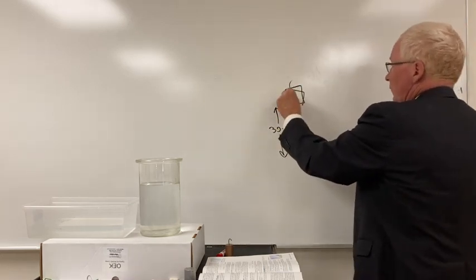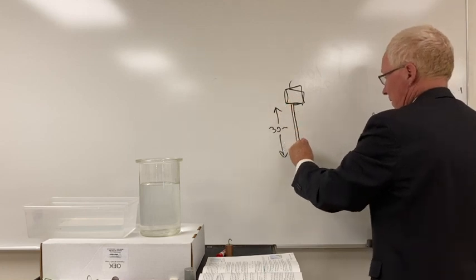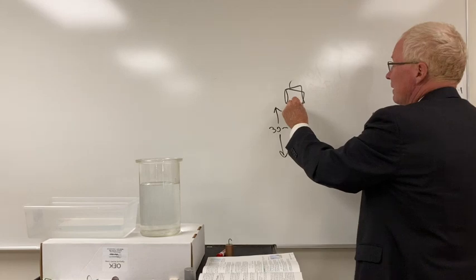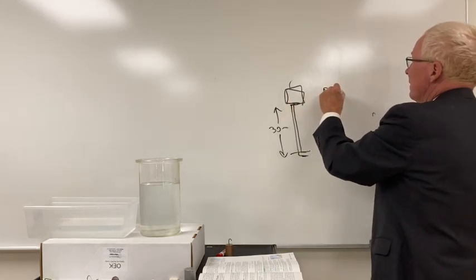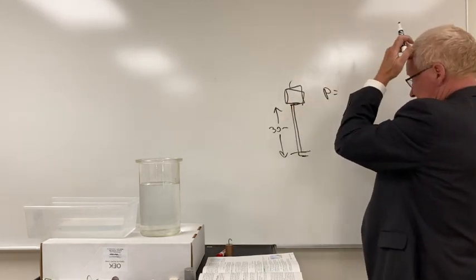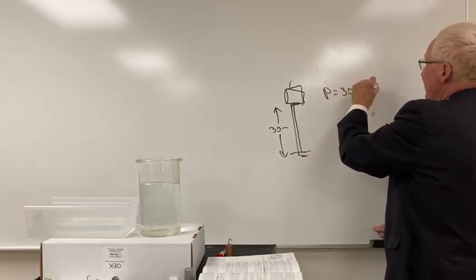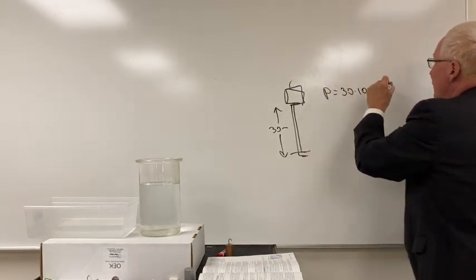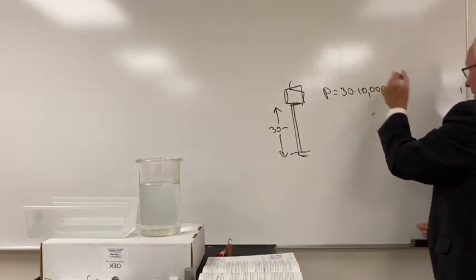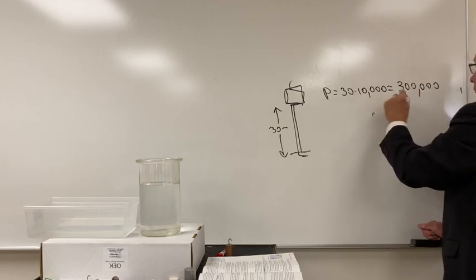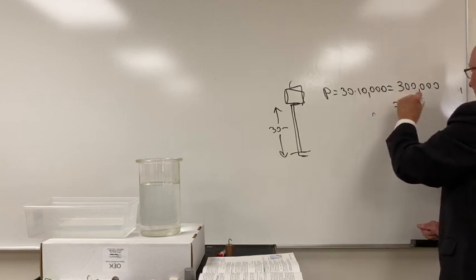Then the pressure of the water on the bottom, P, will be 30 times 10,000, which will be 300,000, or roughly 3 atmospheres.